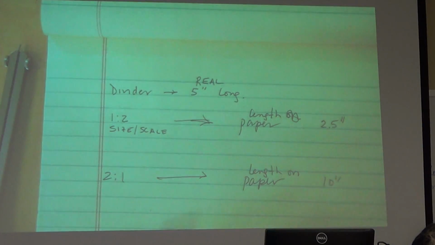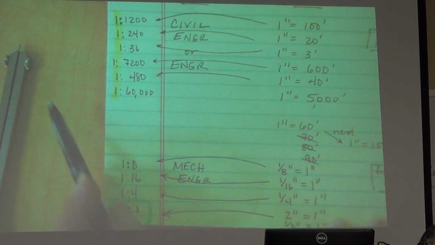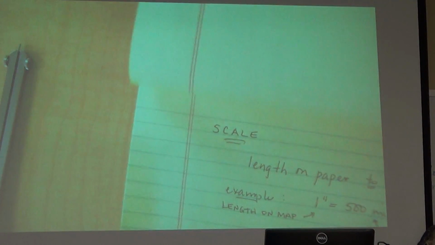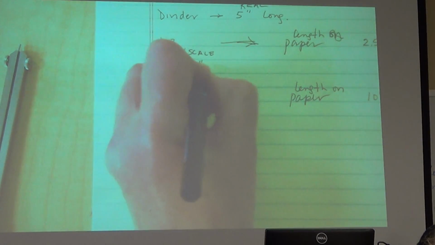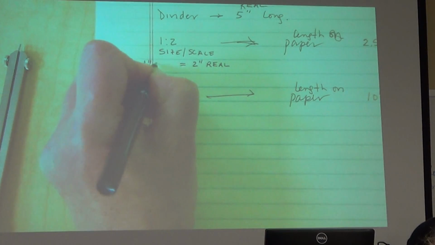So let's talk about why. This 2 to 1 that we came up to said 2 inches on paper is equal to 1 inch in the real world. So if it's 5 inches in real life, and you're saying it's 1 to 2, it means 2 inches real is equal to 1 inch on paper.